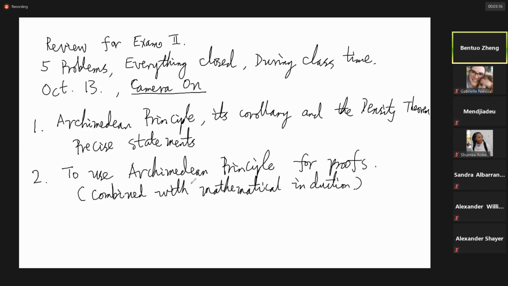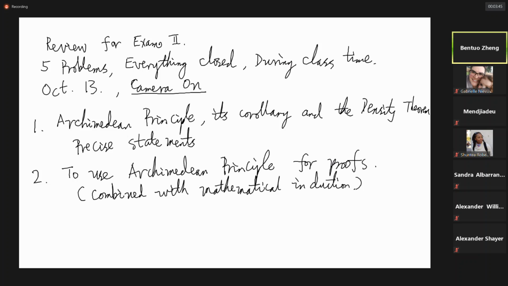So the second type of problem would look like, for example, you want to prove an inequality involving natural numbers. So you probably want to apply the Archimedean principle, but when you apply it, you may also want to use mathematical induction. Okay, it's a combined proof.